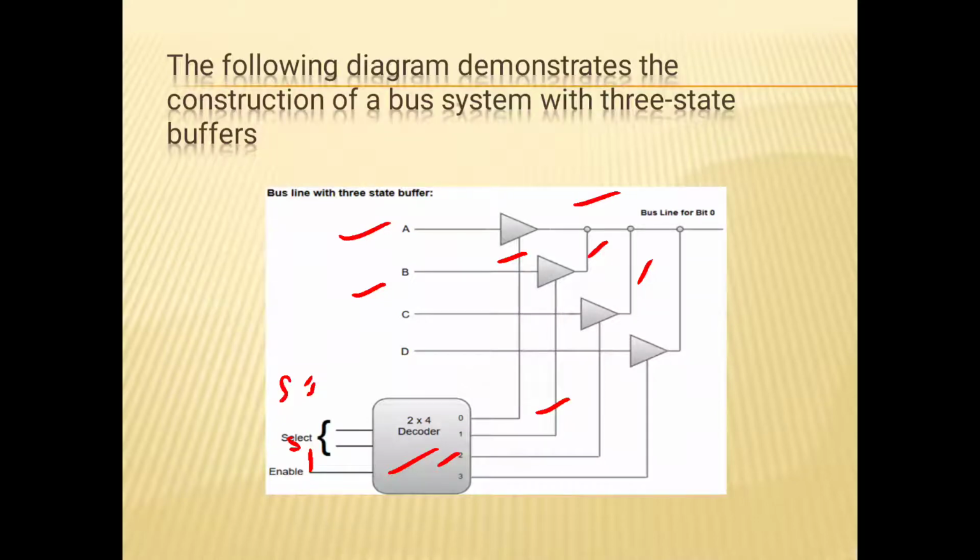Whenever the select lines are 0 0, it means this output line is selected, so its control line is 1, and the other three buffers have control function 0. It means whatever output we get as y is the content of register A, because all other outputs are logically disconnected or in the high impedance state.